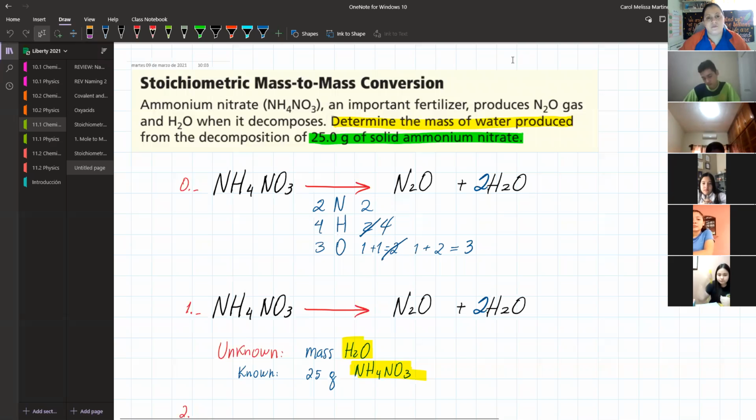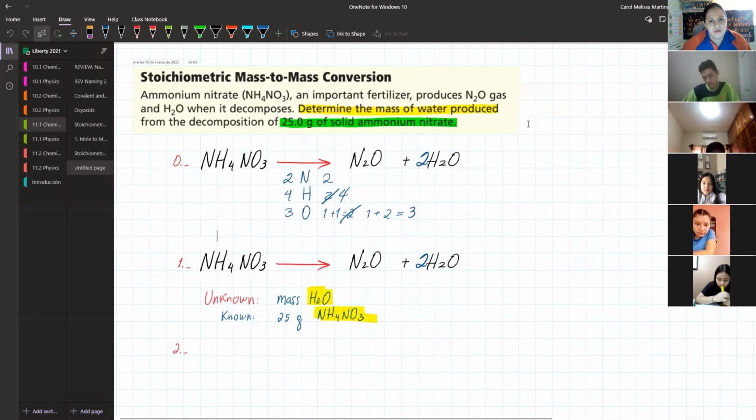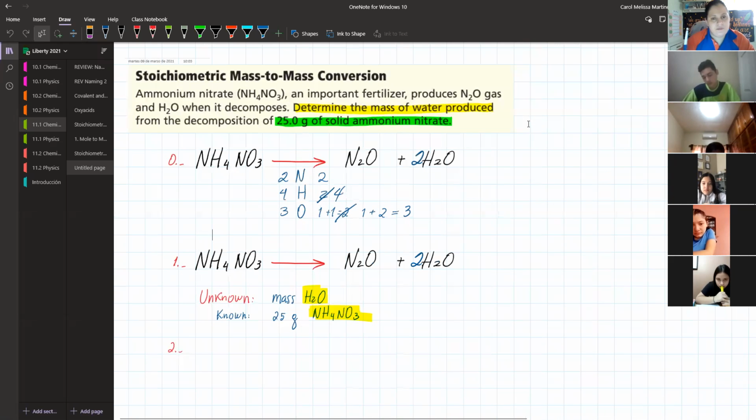I need to relate both substances. I need to relate ammonium nitrate, which is this one, and water, which is the other one. The water is in the products and the ammonium nitrate is in the reactants.